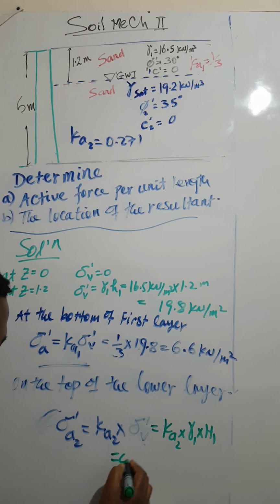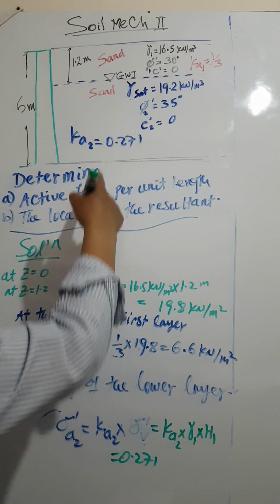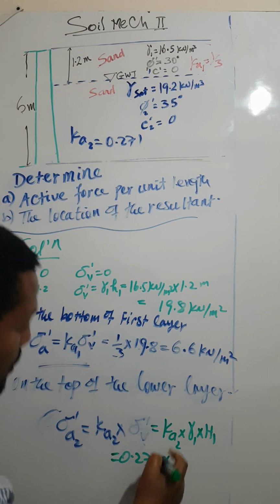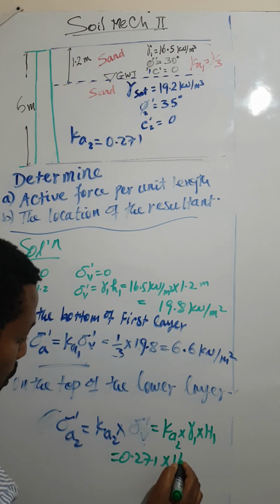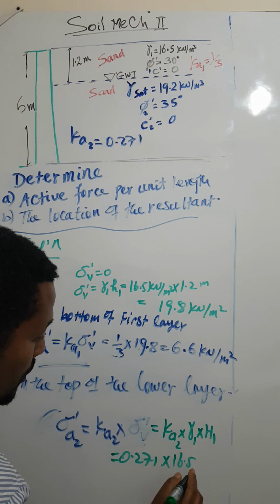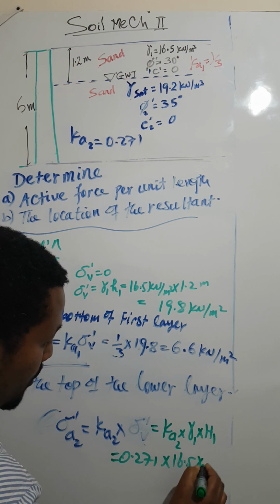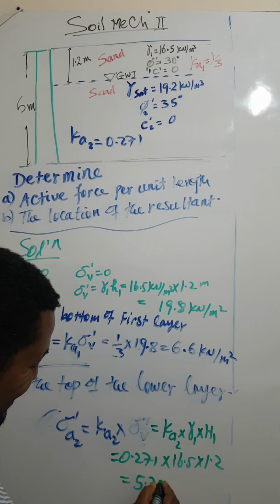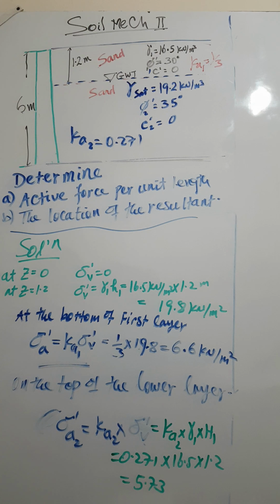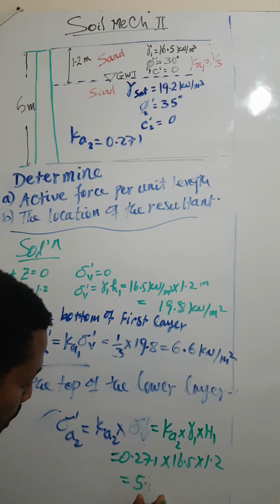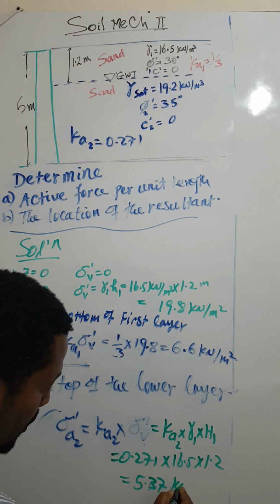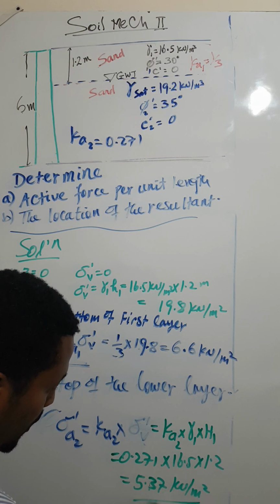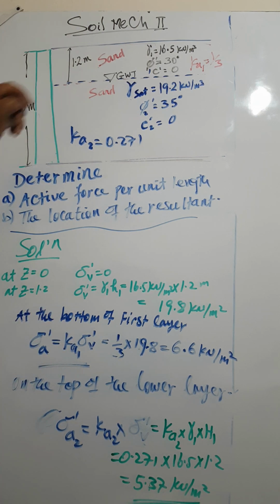This is equal to 0.271 times gamma 16.5 kilonewton per meter cube times 1.2, which is about 5.37 kilonewton per meter square of stress on the top of the second layer, the bottom layer.